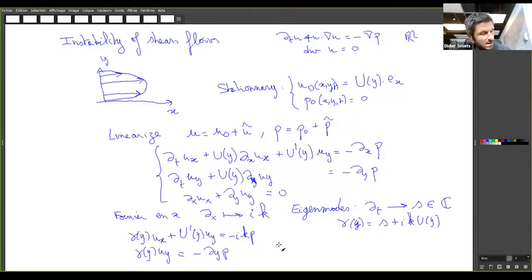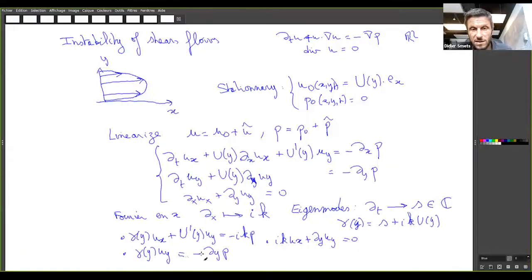And finally, I have the divergence free relation, ik ux plus ∂y uy is equal to 0. Okay, these three things. So this is the eigenvalue system.